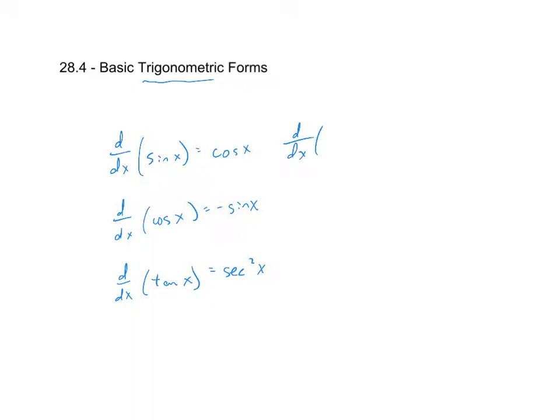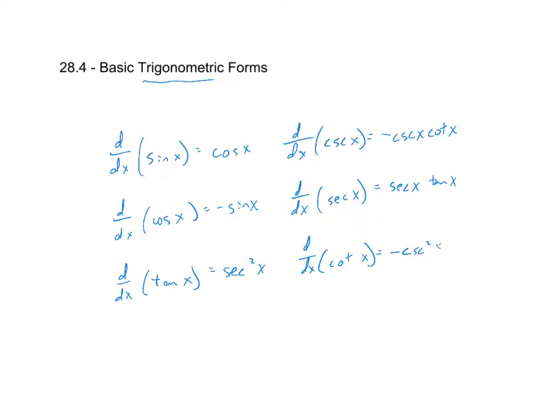Now the derivative of cosecant x is negative cosecant x cotangent x. Then the derivative of secant x is secant x times tangent x, and the derivative of cotangent of x is equal to negative cosecant squared x.